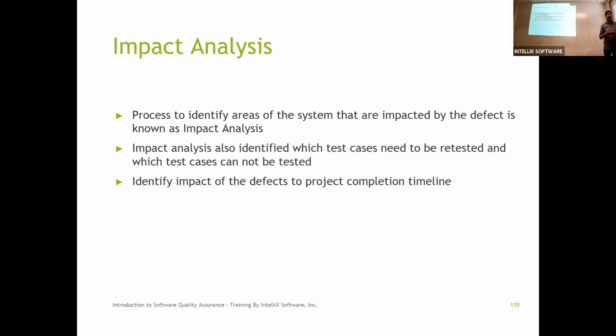A lot of times, I think Apple did that just 7 or 8 days ago, they identified a defect and released a patch. That's not sufficient, right? Everybody who's using an iPhone and iPad has to apply that patch. So impact analysis is significant, not just from your point of view but from the user's point of view.